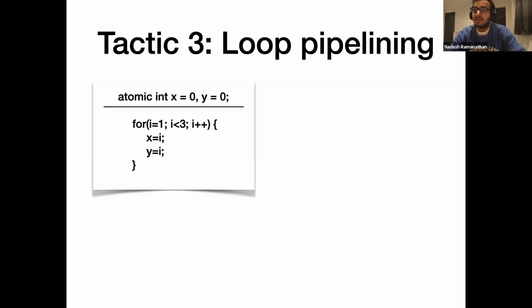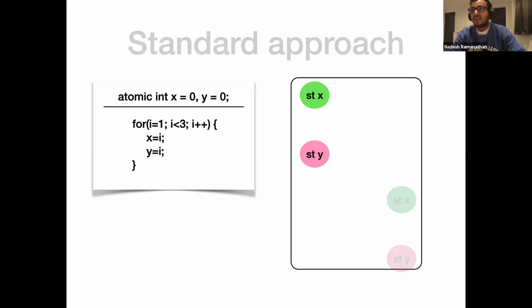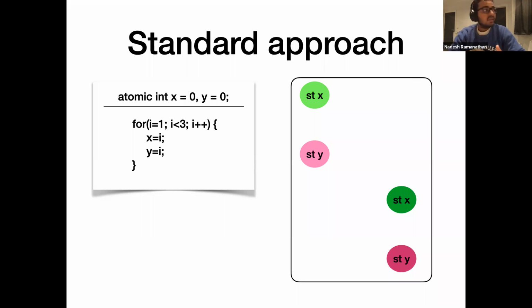And the third tactic was basically loop pipelining. Here we have an example of a program in which X is atomic, and we have a for loop that's basically writing the index of the for loop into both locations. We had to consider not only one iteration, but also the next iteration. Even LegUp does this.